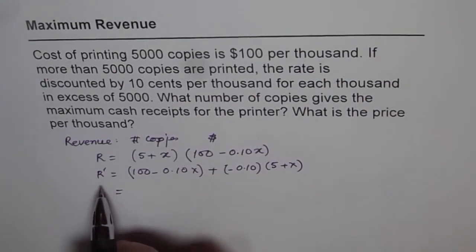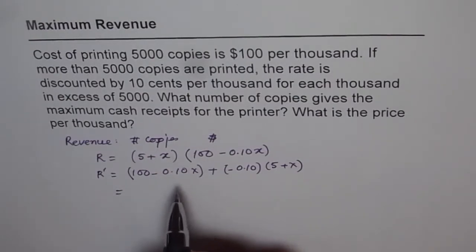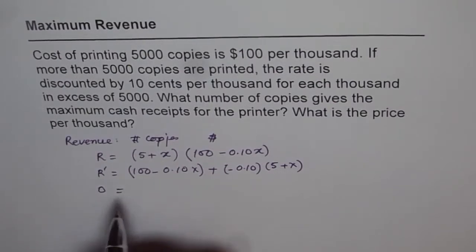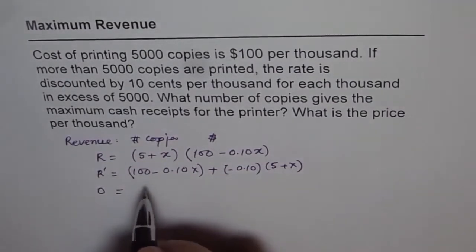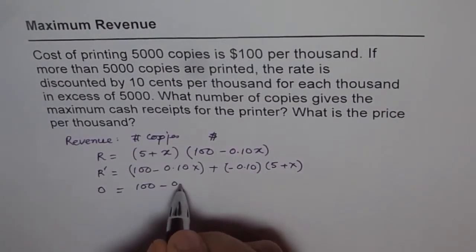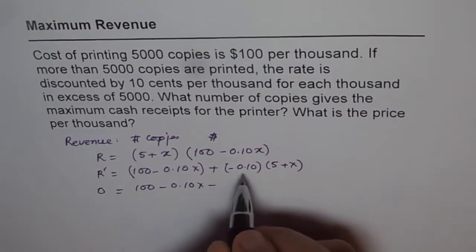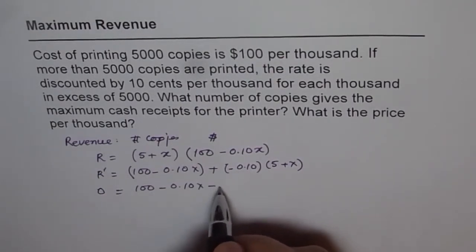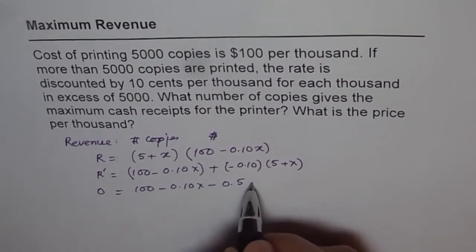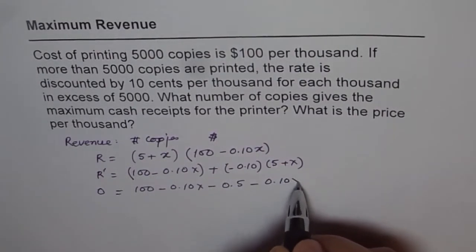Now for revenue to be maximum, let's find the critical point. So at the critical point, r dash should be 0. So we'll equate this to 0 and solve for x. Let's expand this. So we get 100 minus 0.10x, and that is minus 0.5 minus 0.10x, right?